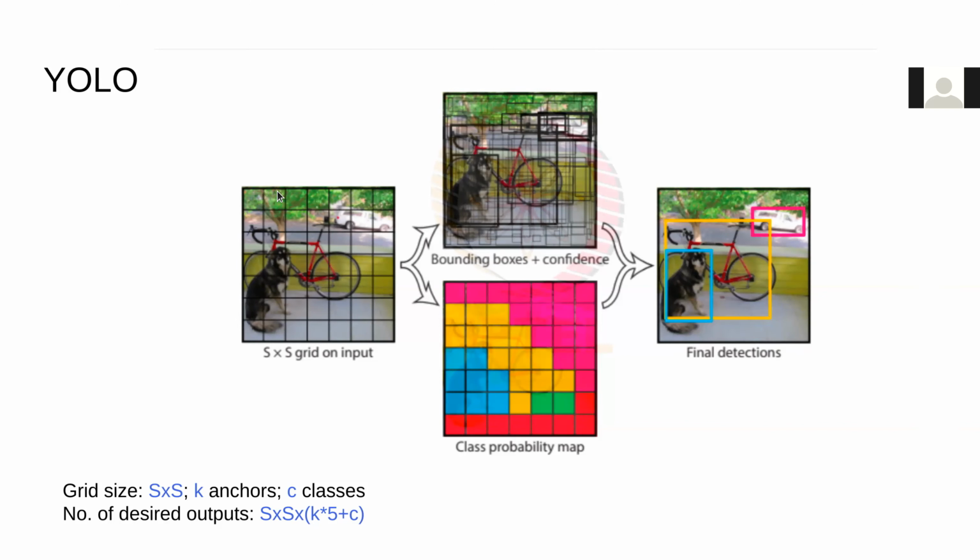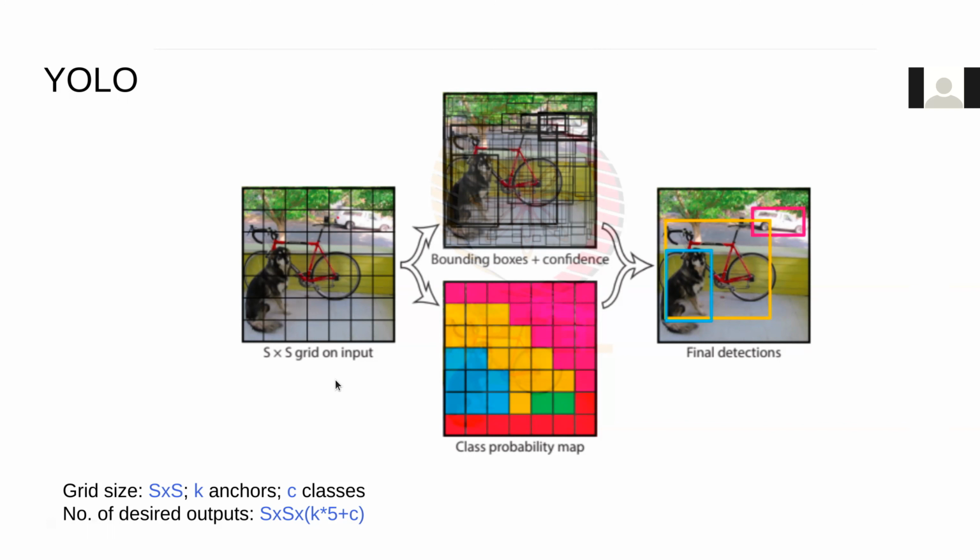And now YOLO will say that, okay, for each cell of this grid, we will predict P bounding boxes. So it means that each cell is predicting some set of coordinates, and those will be equal to P. So each cell is predicting P boxes. So the total number of bounding boxes predicted here will be S into P.